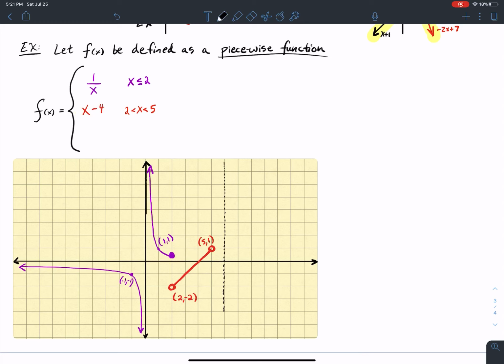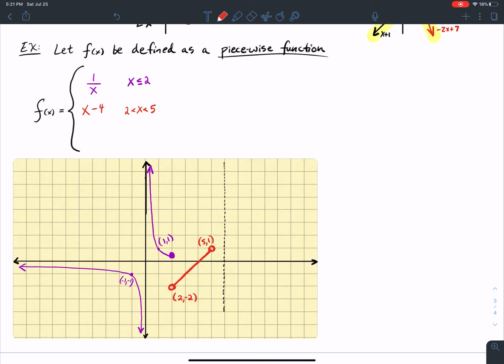Now, if it helps you to put the dot, dot, dot so that you know, look, I knew it was a line with slope 1 that passed through at negative 4, right? That's what that's telling me. That's great. But then just come back and erase those dot, dot, dots when you're done with it.